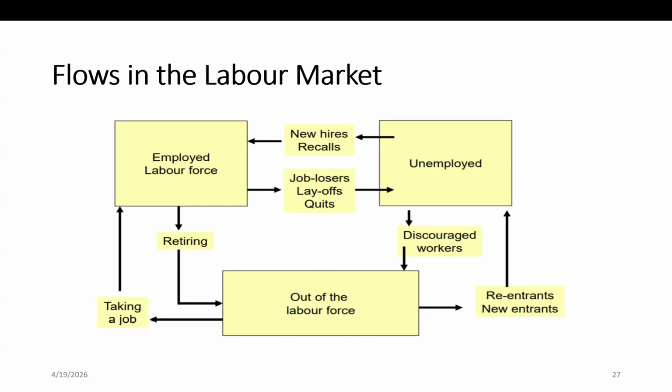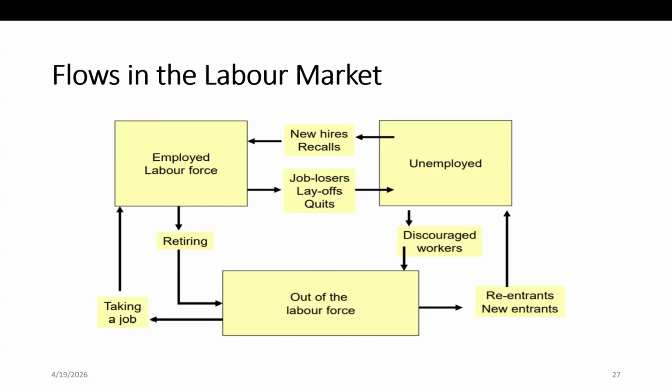So how does this labor market flow go? So you can see, you can start either way, right? So I will start from the employed labor force, right? So a person is retiring, and if that person is retired, then he is out of the labor force, right?